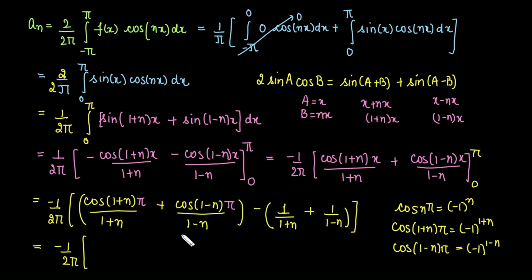Use these values over here and the final expression is minus 1 raised to power 1 plus n divided by 1 plus n plus, in this case, minus 1 raised to power 1 minus n divided by 1 minus n minus 1 upon 1 plus n, negative positive, it is a negative of 1 upon 1 minus n.